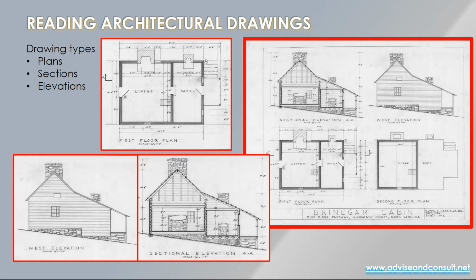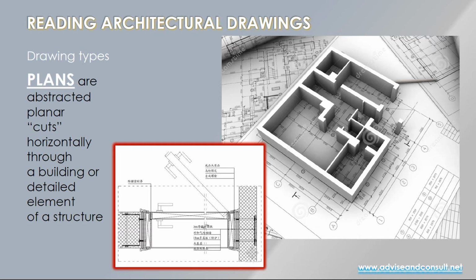Okay, so let's talk about plans in specific. Plans are, again, a highly abstracted slice, and basically what you're doing is as if you were taking a machete and slicing right through the building.